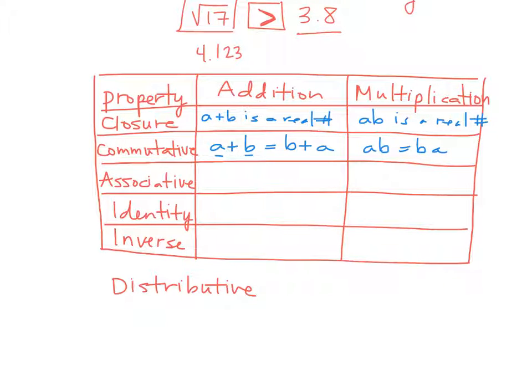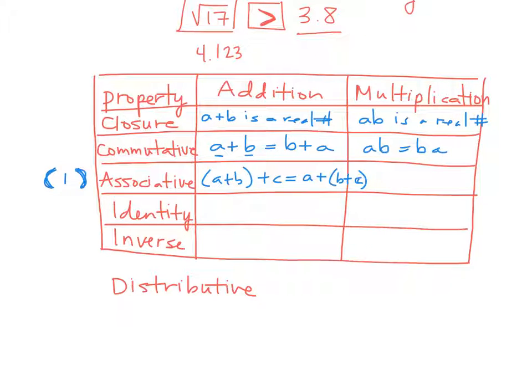Like multiplication. It's just in parentheses, whatever stays in parentheses. Your parentheses can move, and it's still the same thing. So A plus B plus C is the same as A plus B plus C with the parentheses moved. You're just moving your parentheses. I always tell people the associative property looks like a butt, which is probably not a nice word, but that's how I tell people: parentheses, looks like a butt.